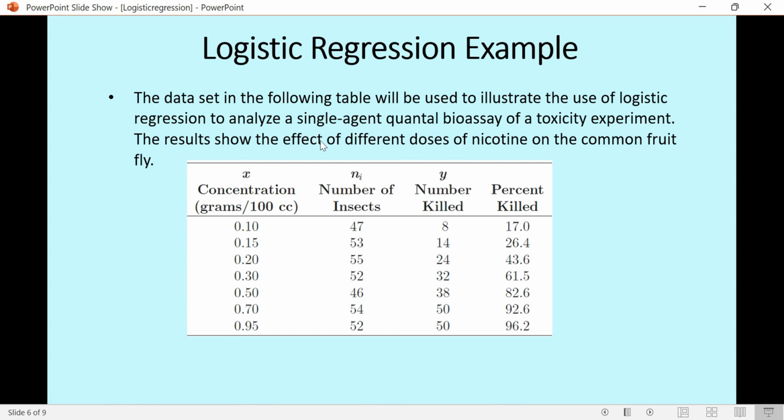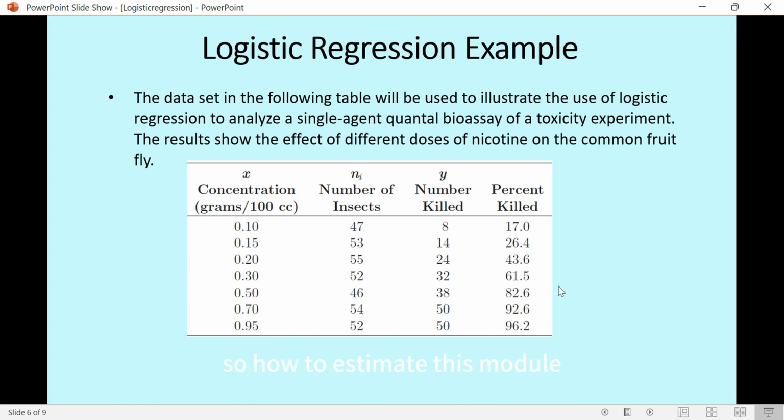Here is the dose of medicine, in grams, used to kill insects. This is the total number of samples or insects, and how many insects were killed in each group. This is a percentage, or we can say one kind of probability.